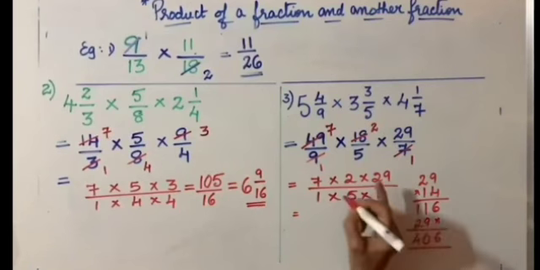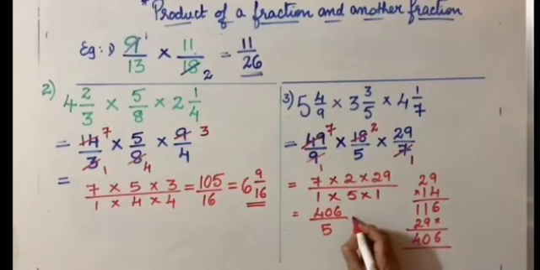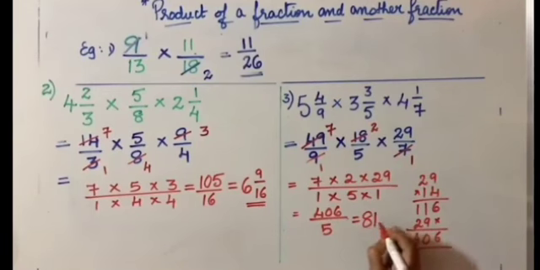So now in the numerator you have 406. In the denominator you have 5. Okay. So now you cannot further cancel. You can write this in the mixed form. So 5 8s are 40. 5 1s are 5. 1 remainder and 5.